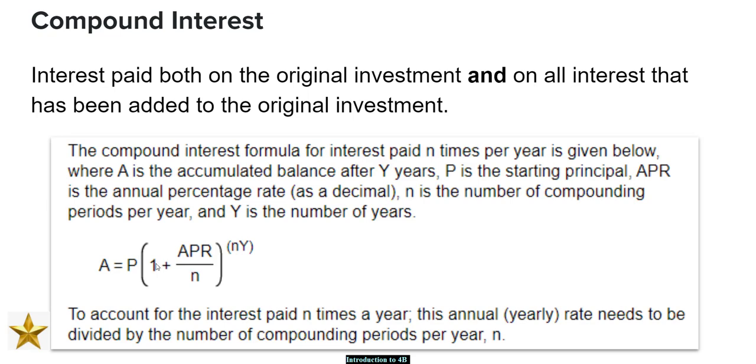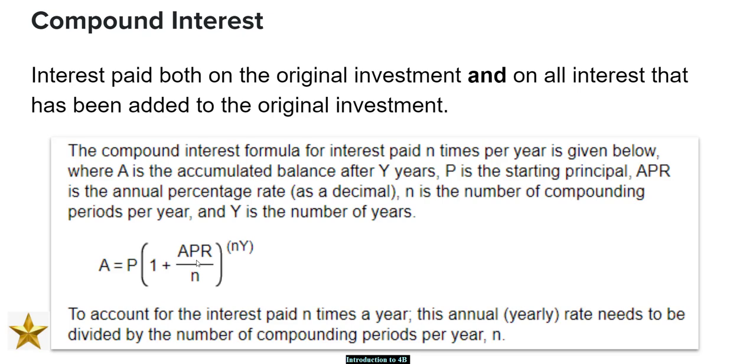Compound interest is the product of your initial principal times, we have in parentheses, so these parentheses are very important. This 1 represents 100%. And what we're doing is we're multiplying our principal by something greater than 100% so that that's growing. So we add the 100% or 1 to our APR, that's annual percentage yield.